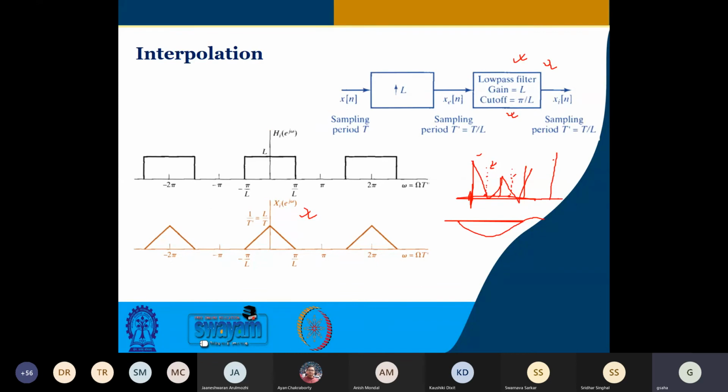For this particular filter, we need the gain to be L to be compatible with the deconstruction filter that we discussed before.